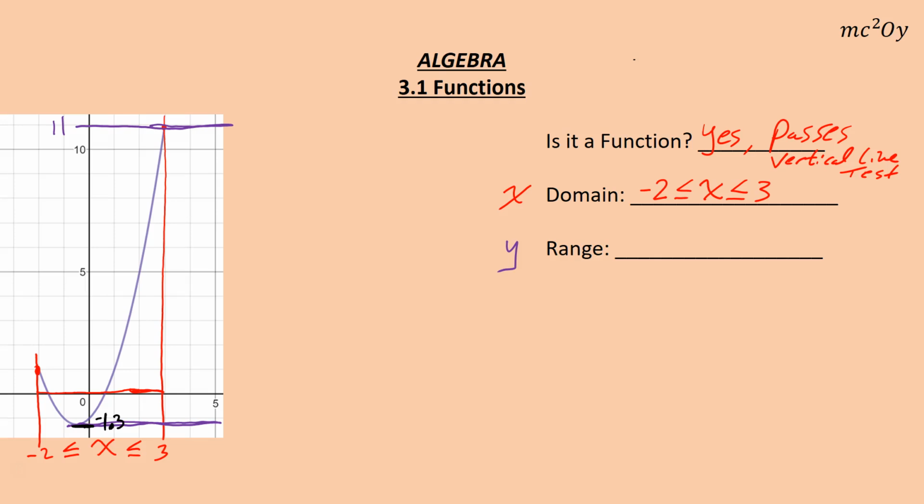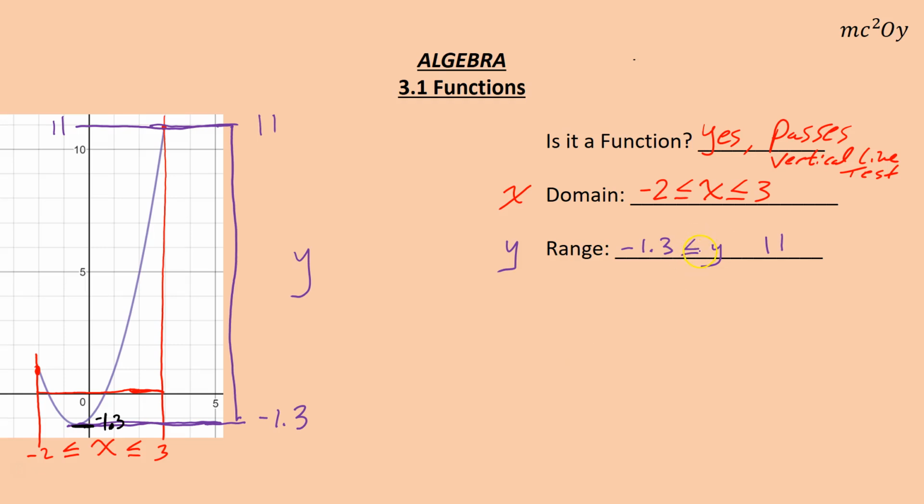Okay, so that means my graph goes from, on the y-axis, it starts here at -1.3, and it goes all the way up, it stretches all the way up to right here at 11. So y is in between those. Now it's a little difficult to see, so I'm going to rewrite it in numeric form. -1.3, 11, and I'm going to put the y in between.